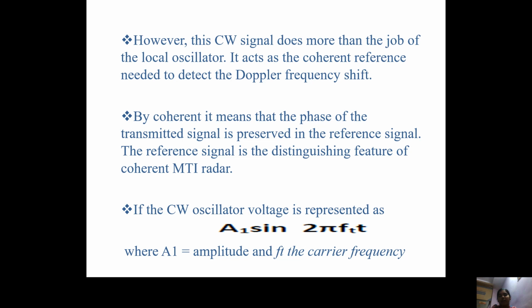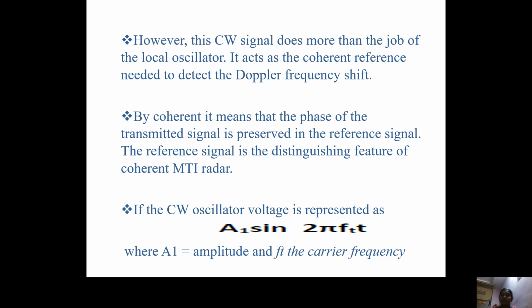If the continuous wave oscillator voltage is represented as V1 equal to A1 sine 2 pi Ft into T. As you know, continuous wave means it is in the form of a sinusoid. A1 is the amplitude of the transmitter signal, Ft is the carrier frequency, and T is the time period of the transmitter signal.